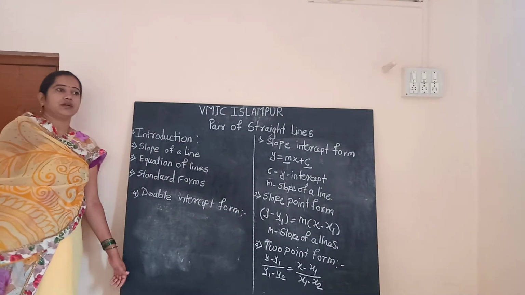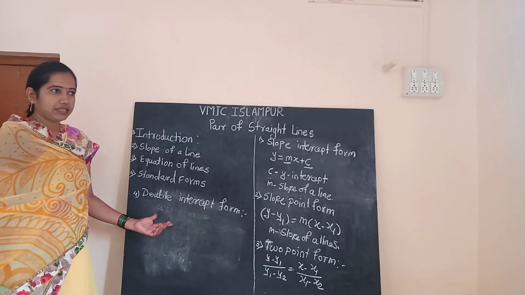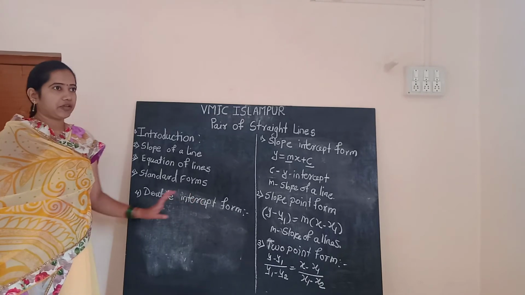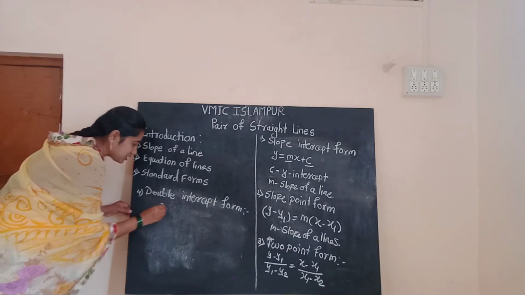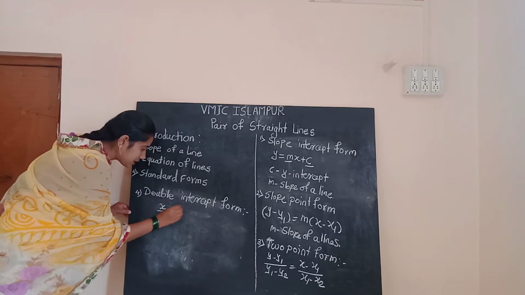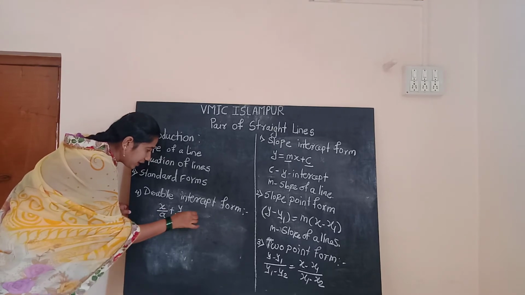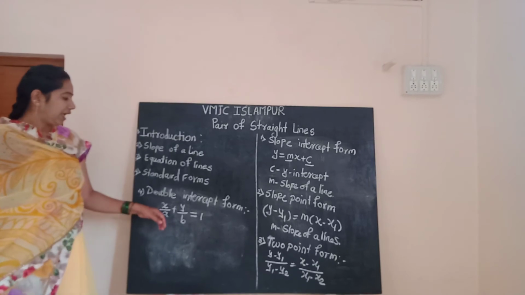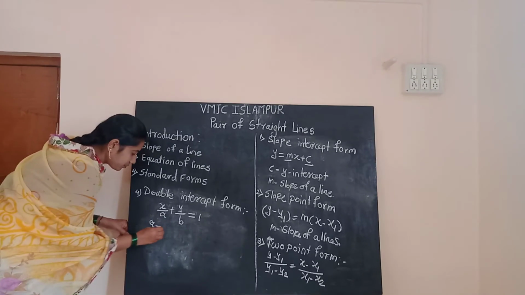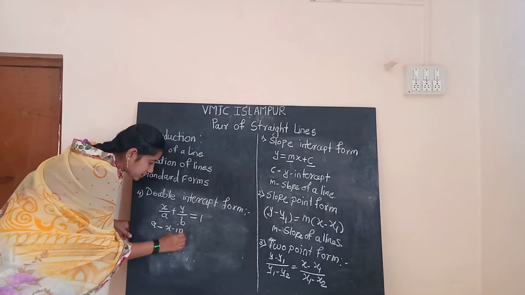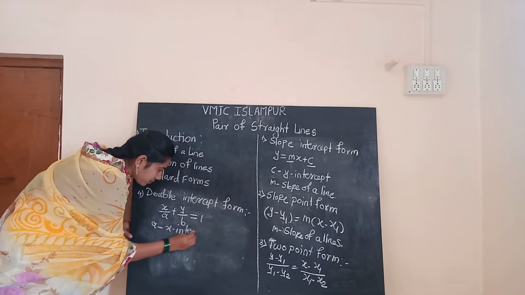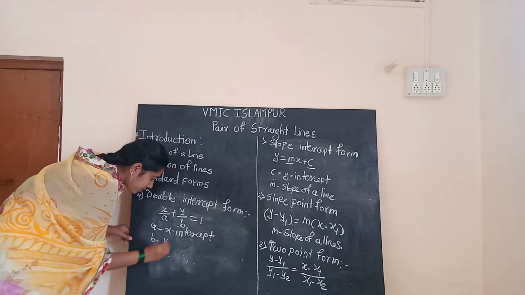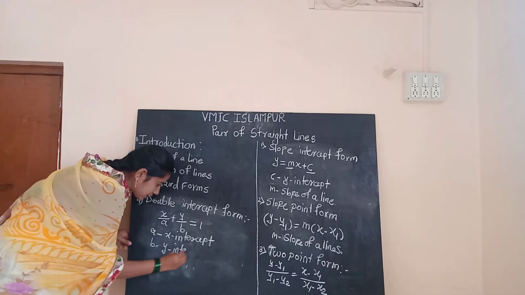When we are given the two intercepts of the line, then we use the double intercept form to calculate the equation of the line, which is x upon a plus y upon b is equal to 1. In that, a is the x intercept and b is the y intercept.